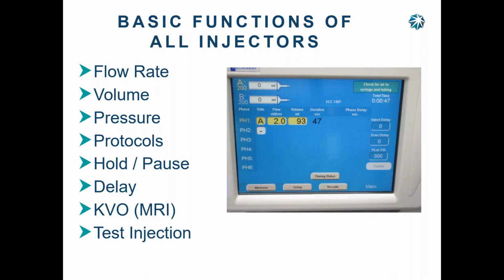Basic functions of all injectors: you're going to have your flow rate, your volume, and your max pressure set. Different protocols. These injectors will save repeatable protocols. Once they set up a CTA or an LCA or whatever, that protocol is set up and they can automatically recall it.